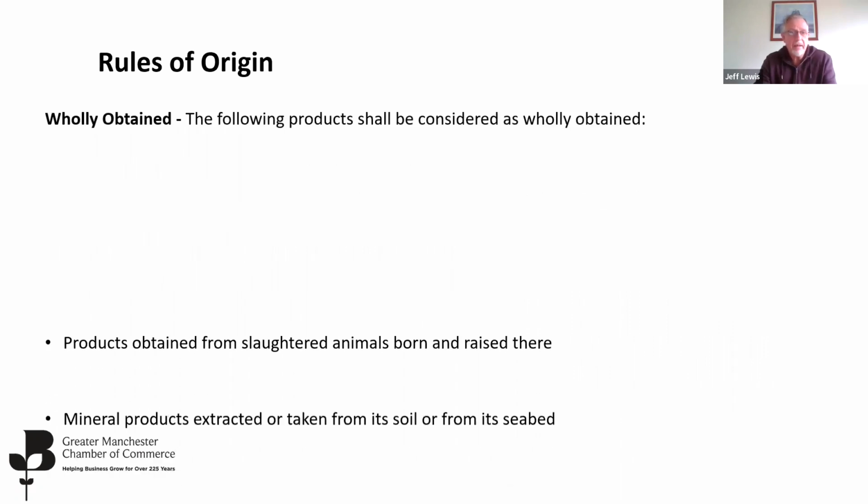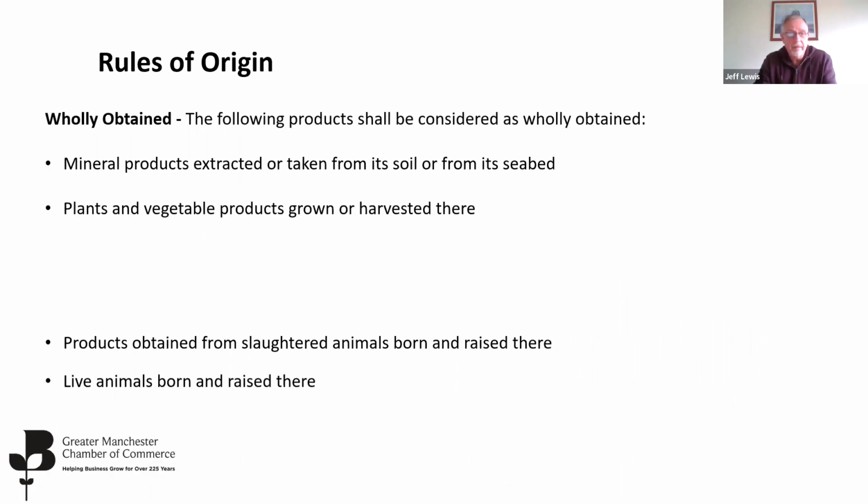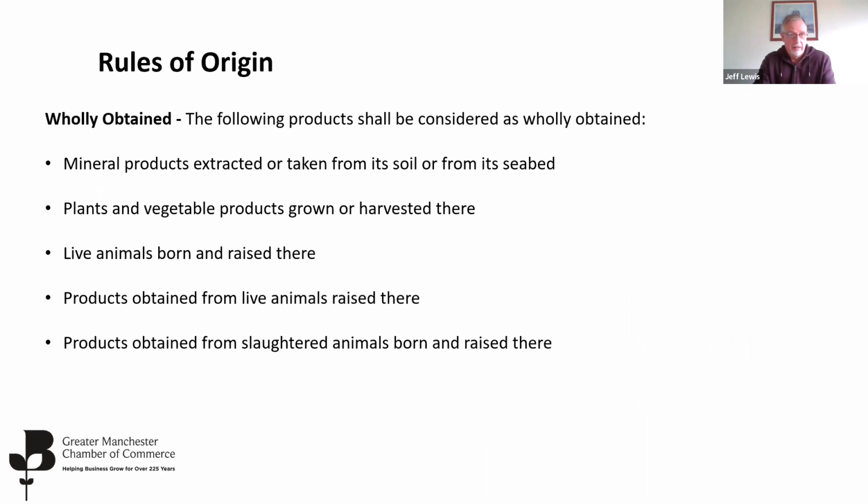So the criterion is wholly obtained. Wholly obtained products are basically what you see there on screen. Minerals, plants and vegetables, live animals, products, etc. Now, I know you usually get asked this question, so I'll answer it just in case anybody actually asks it.